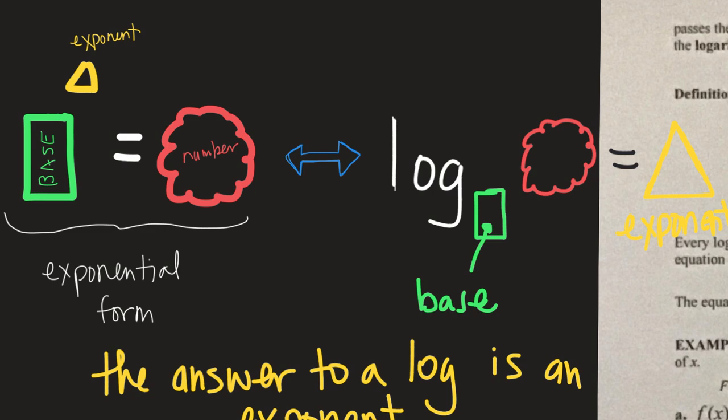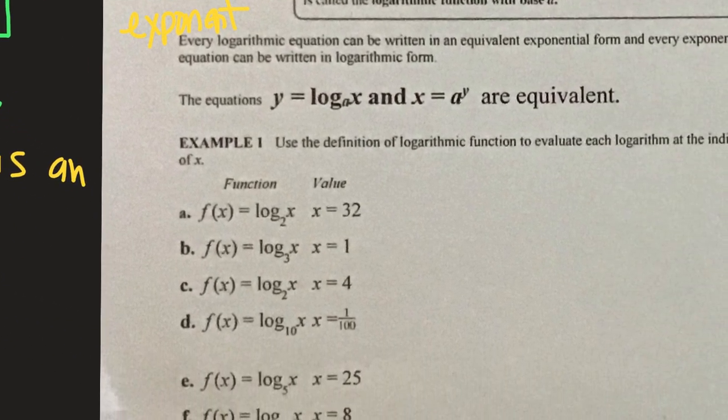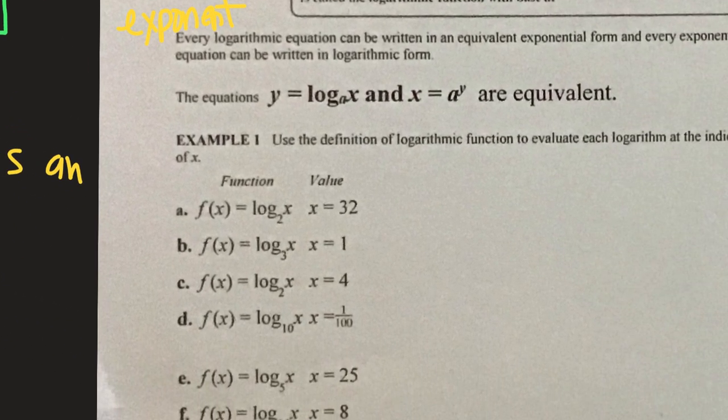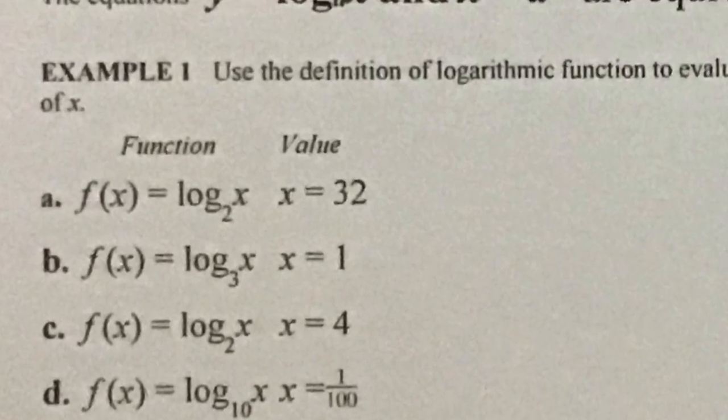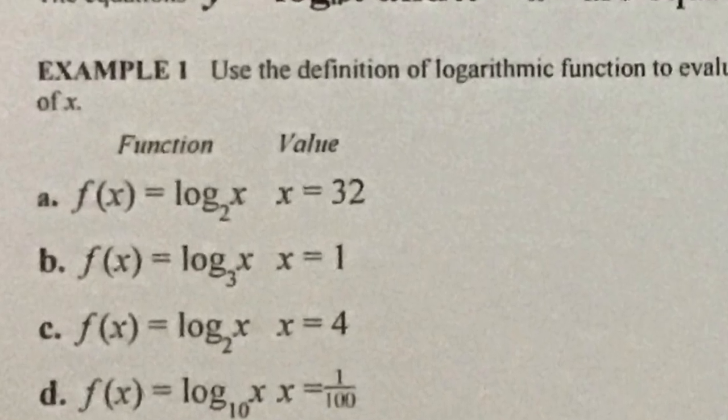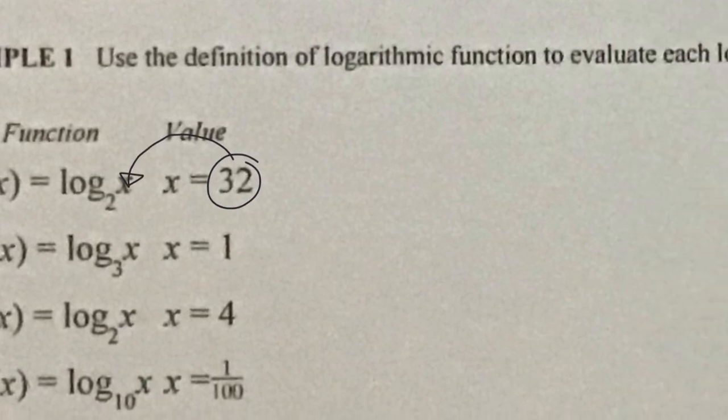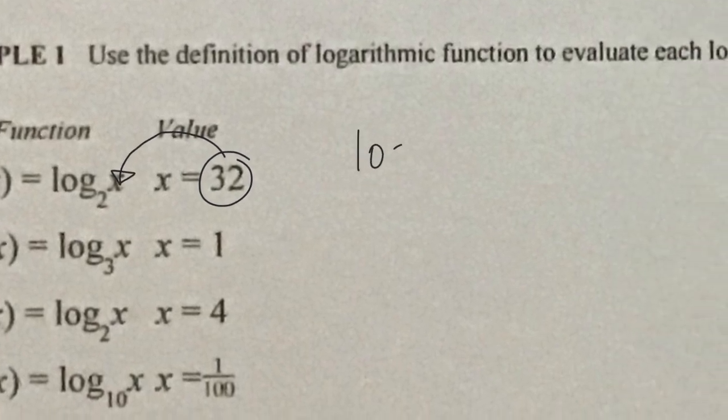Let's take a look at how this happens. First we start off with some logs. So this is log base 2, and the first thing we're going to do is replace x with 32. We are trying to evaluate log base 2 of 32 equals what?